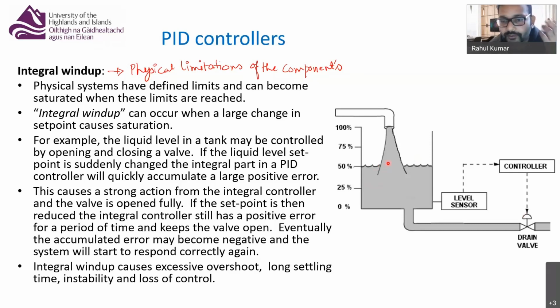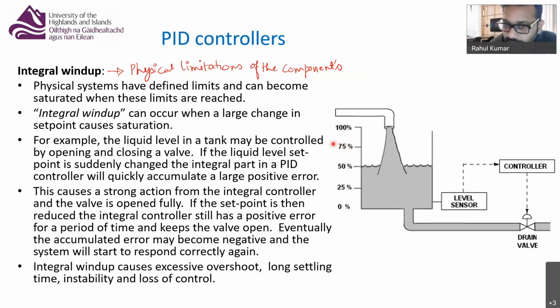Now let's say because of any error, maybe external noise or some human error, the set point was changed from 50% to 75. Maybe for a few seconds only.